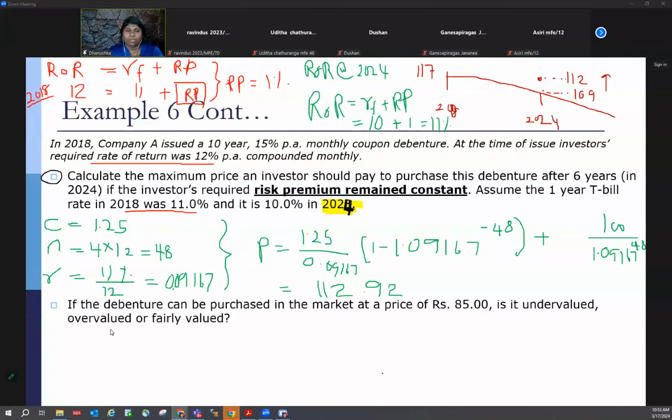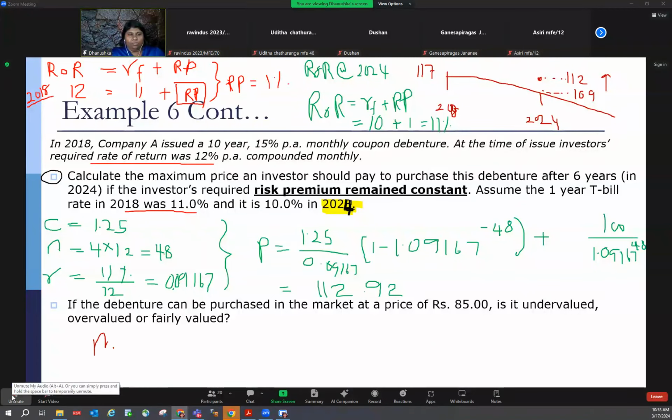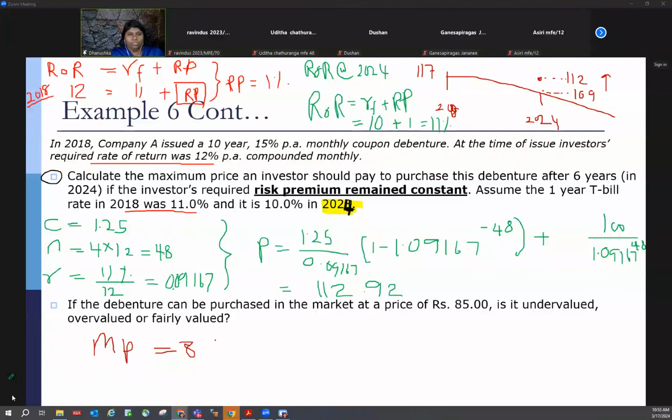Okay. Last one. So somebody is willing to trade this bond at 85. It's in the market, it's available at 85. Do you think this bond is undervalued, overvalued, or fairly valued? So for this, you have to look at part 3, right?